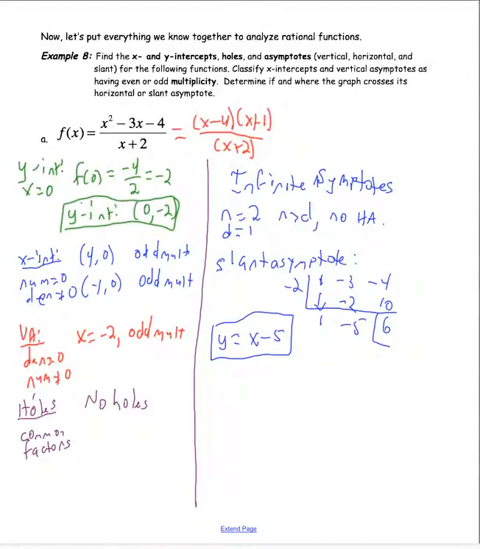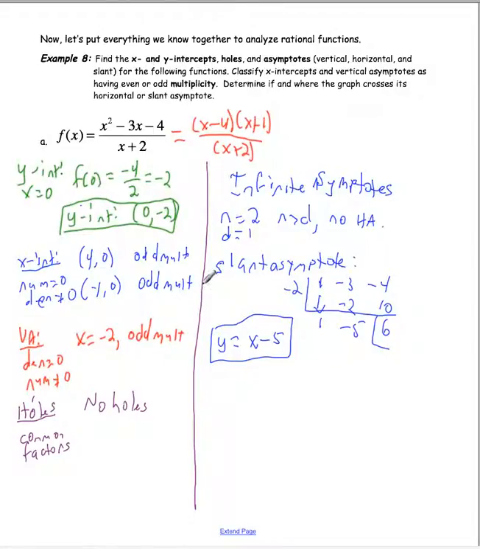The last thing we need to determine is if the graph crosses the slant asymptote. To do that, we are going to set the original function equal to the slant asymptote. So does f of x cross the slant asymptote? That's what we want to know.